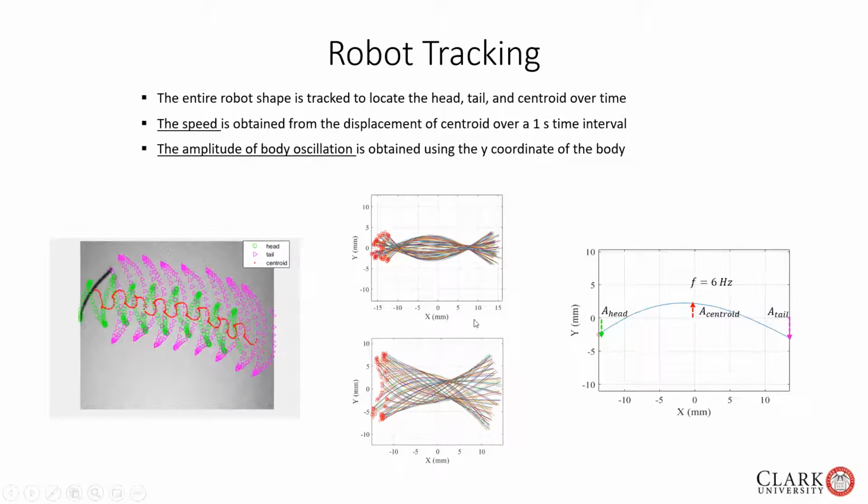For the second definition, we consider the head movement, the body movement, the centroid movement, and the tail movement in total, and average them as the amplitude of the worm.